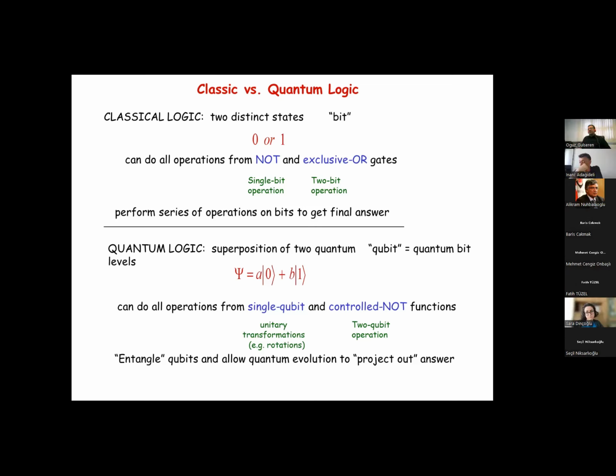When you go to the quantum, now we don't have 0 and 1, but the so-called qubit, which is represented here. We have a two-level system, 0 and 1. Then we have the superposition of these, as given by this wave function that forms the quantum bit.